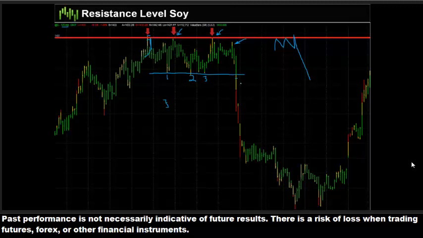So you've got to keep in mind the general direction that you're expecting the market to move. Here, we were expecting soy to go lower because it was a very strong resistance level. And a lot of times you can also trade the break, meaning the market will break through it like it did here. If it doesn't immediately bounce back after knocking out the stops, you can try shorting there.